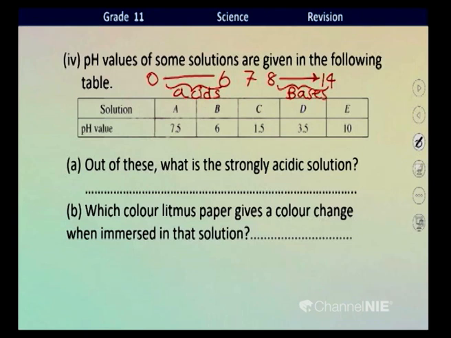You know that when you go towards 0 from 6, strong acids are found.